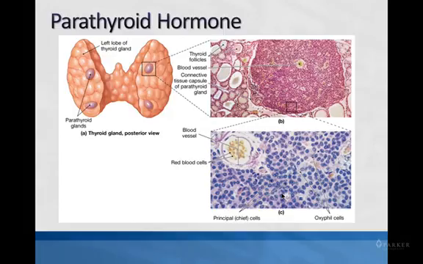Years and years ago, before they even knew what these parathyroid glands did, people died following thyroid surgery because of issues with calcium balance, because they accidentally removed the parathyroid glands since they didn't know what they were and probably missed them. But nowadays, they make a very conscious effort to keep the parathyroid glands around and not damage them. So that's something they monitor after thyroid surgery, that they did not accidentally get damaged.